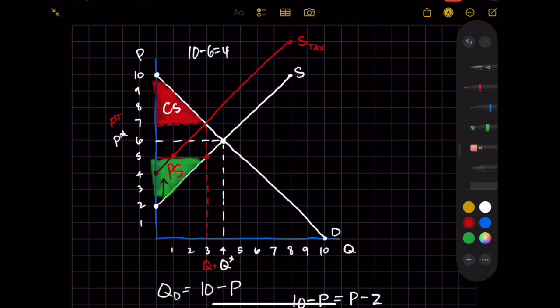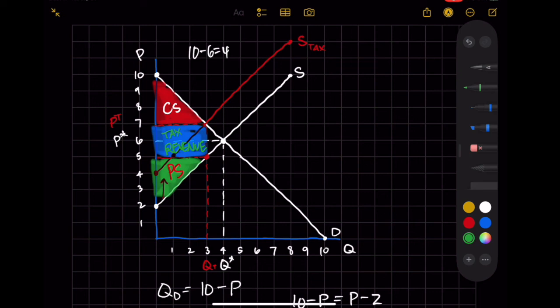Okay. Now you can see that there's kind of this big hole and gap in the middle here. This is actually a couple parts. So the one part is this middle square. This square right here actually represents the tax revenue. And that kind of makes sense, right?